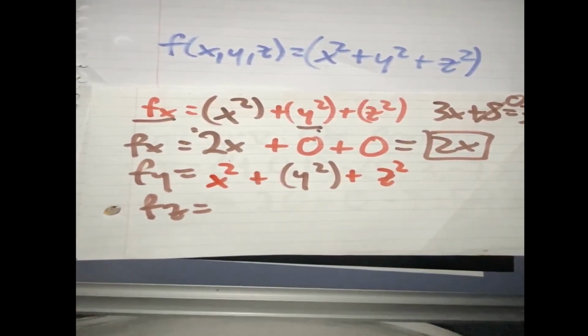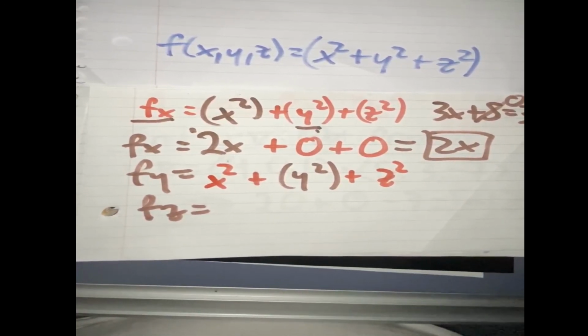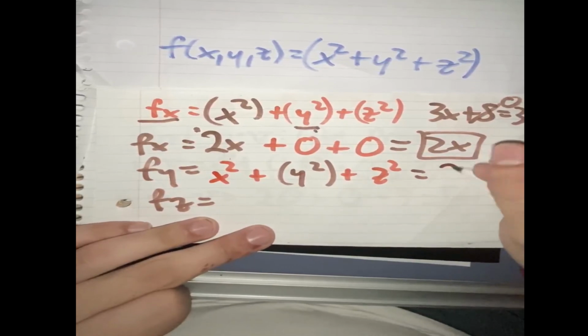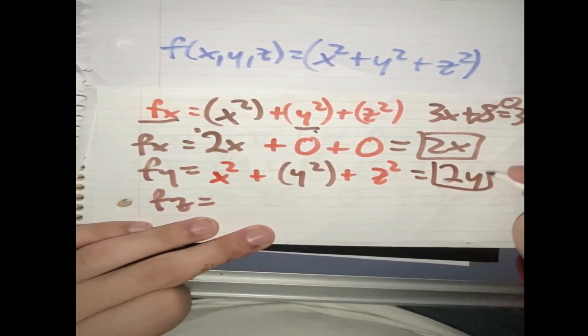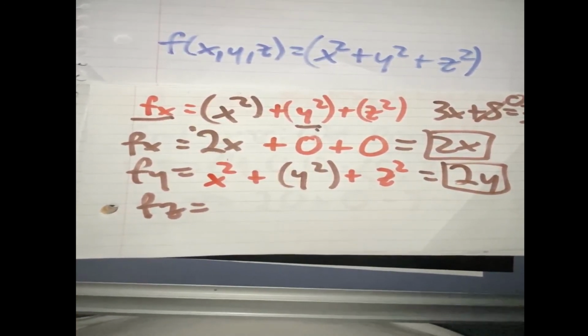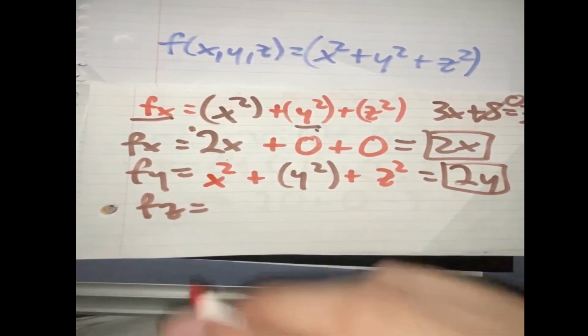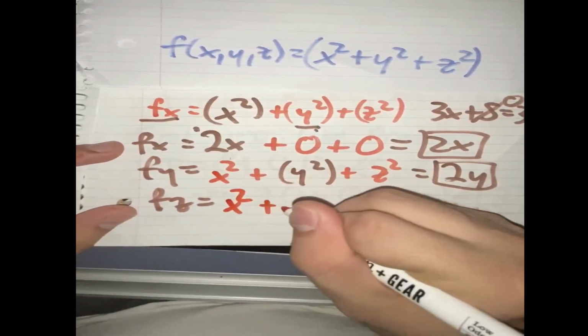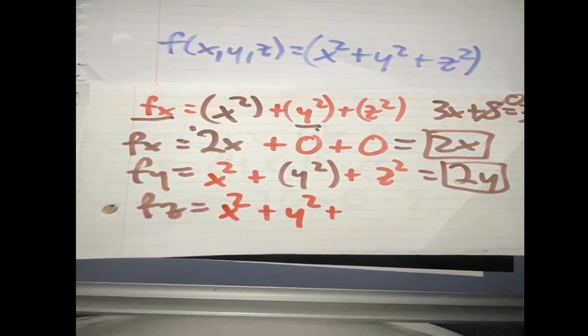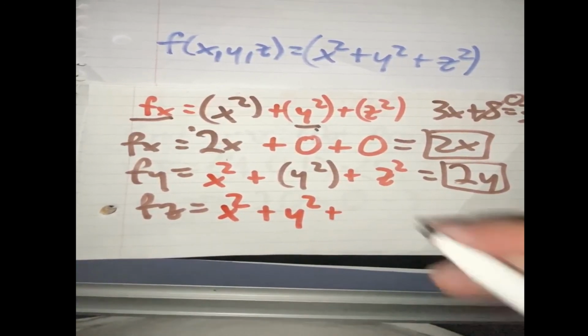So the derivative of this is simply the derivative of y squared, 2y, plus 0, so it's simply 2y. And the derivative with respect to z, you do the exact same process. So x squared is a constant, y squared is a constant. However, z squared is what we are taking the derivative with respect to.